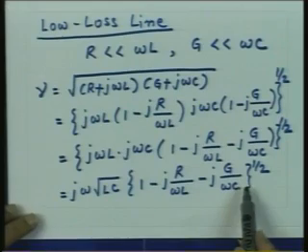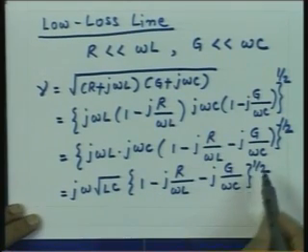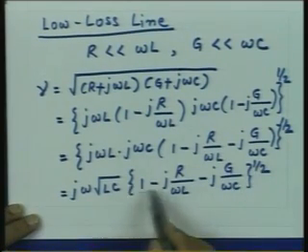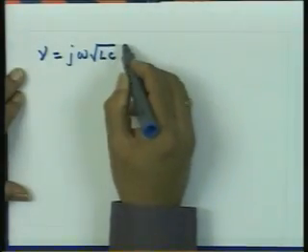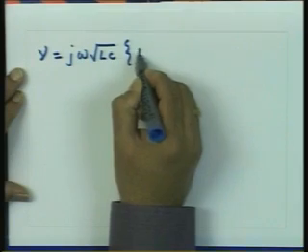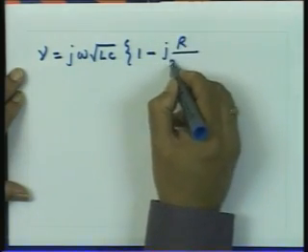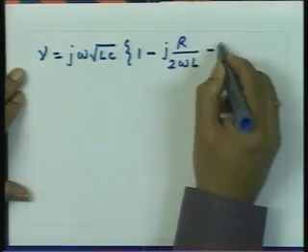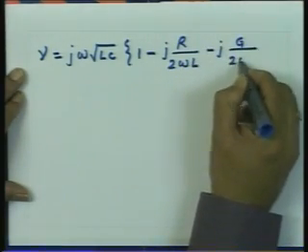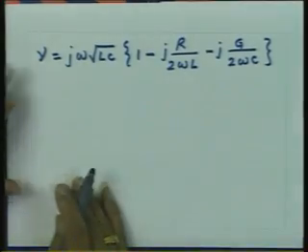Again, expanding this with the binomial series and retaining only the first order term, this can be approximated as gamma equal to j omega square root L C into (1 minus j R upon 2 omega L minus j G upon 2 omega C).